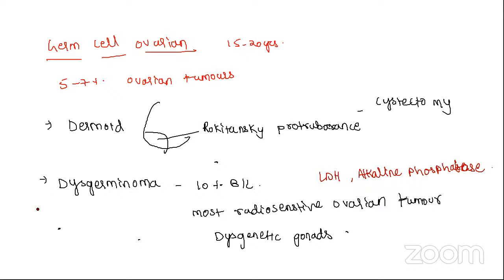And on cut section in dysgerminoma, you're going to see large polygonal cells with lymphocytic infiltration and fibrous tissue.